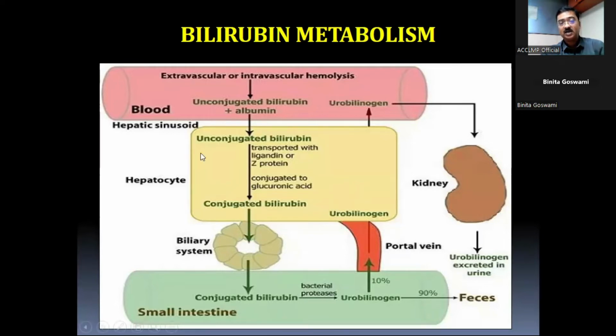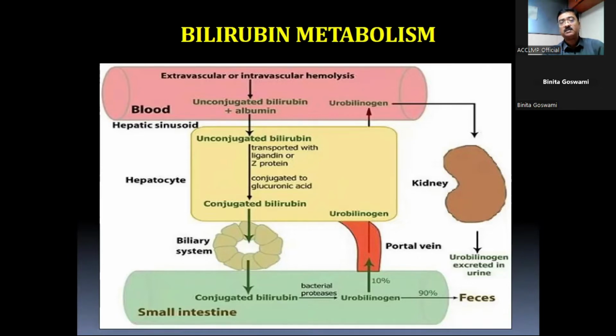Unconjugated bilirubin is not conjugated with glucuronide, and conjugated bilirubin is conjugated with glucuronide and now soluble, so that it can be released through bile in the gut, and a part can be released through urine.